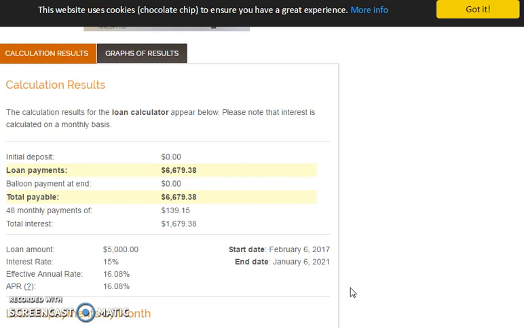Total repayment value $6,679.38, and total interest $1,679.38. So let's look at these numbers on our worksheet and talk about the comparisons for a second.